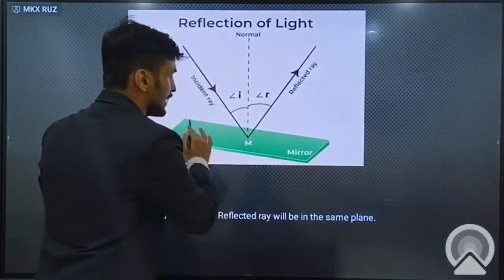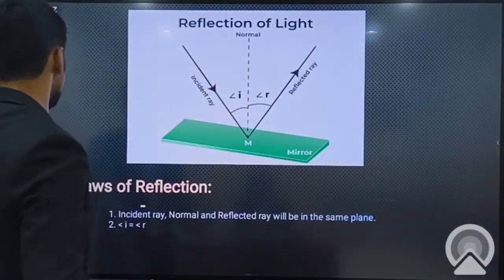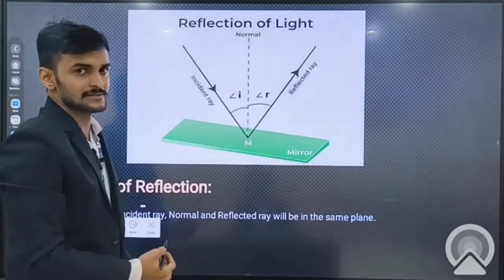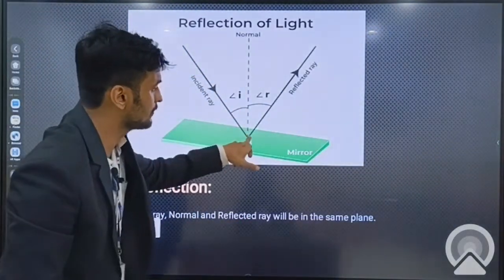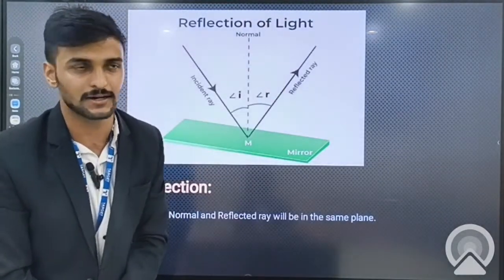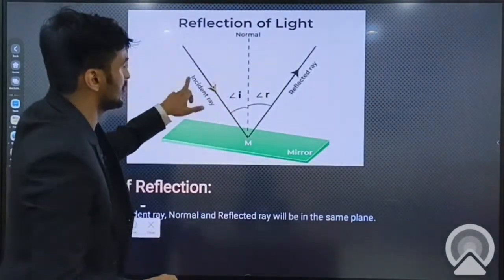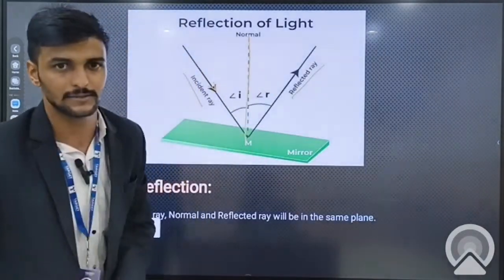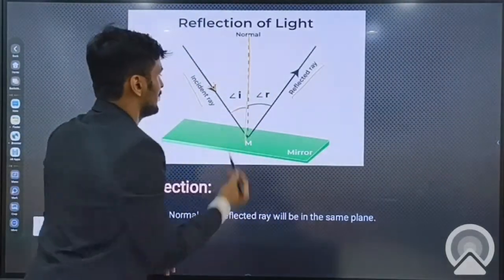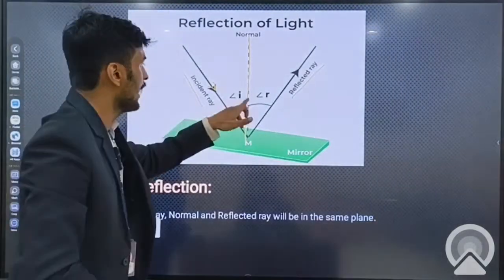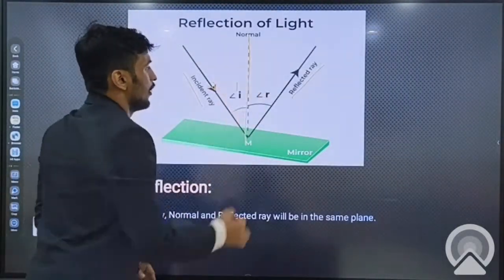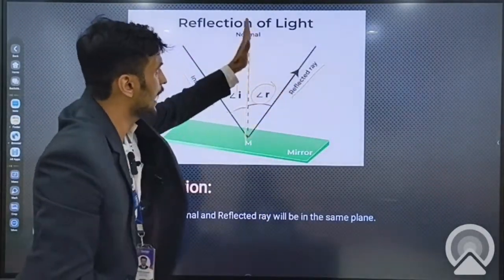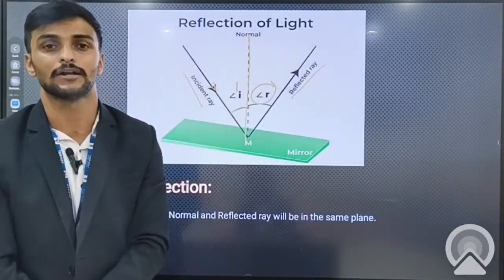The first one, you can see this is a mirror, and light is coming like this, hitting the mirror and reflecting back. This is my incident ray, this is my reflected ray, and this is the normal. The angle between the incident ray and the normal is called angle I, or angle of incidence, and the angle between the reflected ray and the normal is called angle of reflection.